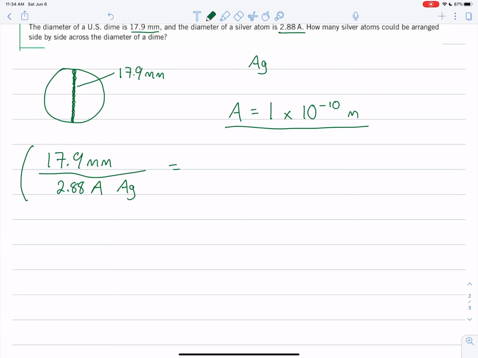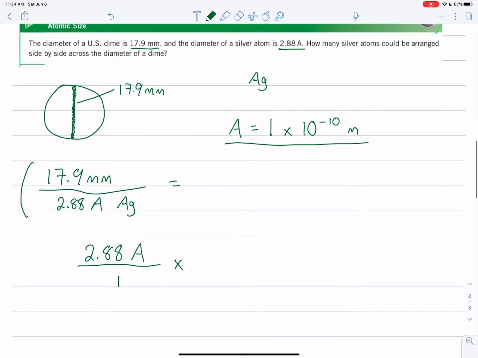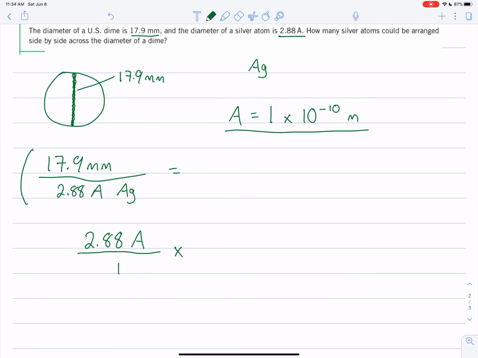So let's break this down. So we have 2.88 angstroms of silver. We're going to put that over 1, and we want to change this to millimeters because that is what our diameter of a dime equals, okay? So we know that we can put angstroms in the bottom here.